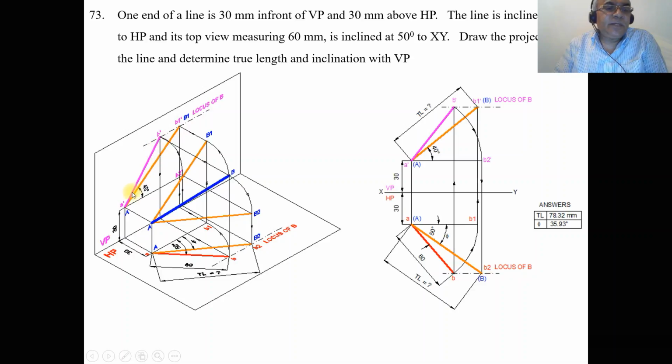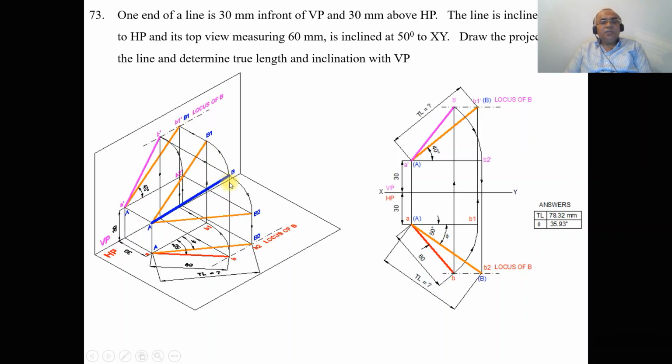Then join A dash B dash with a dark line. As we are projecting from B dash and from B, both these two points intersect at this point, and you mark this as capital A and B, which is in space. This is the one we have already explained, which is the true inclination with respect to VP.